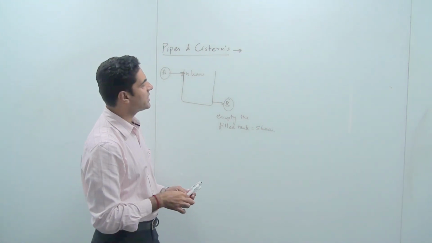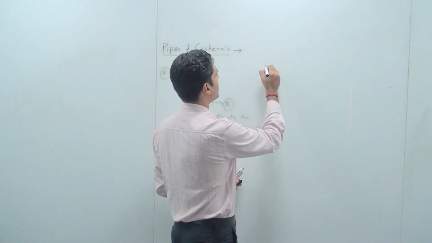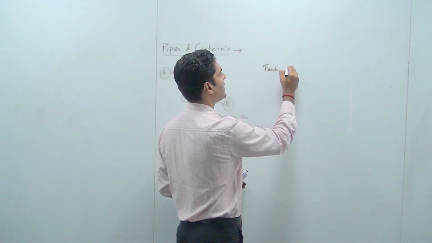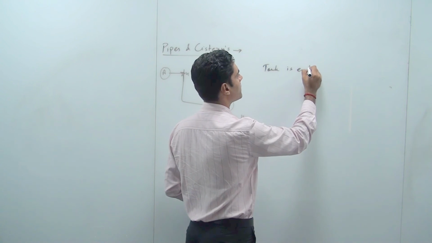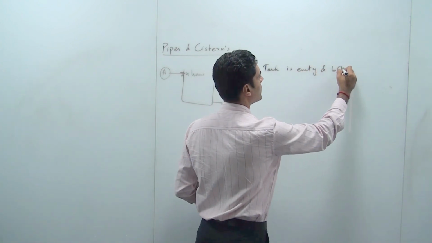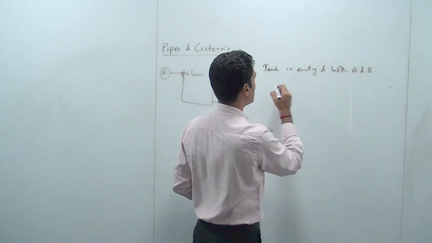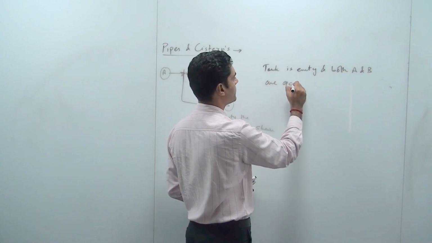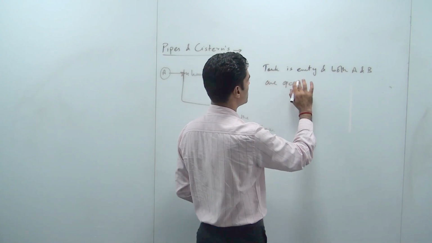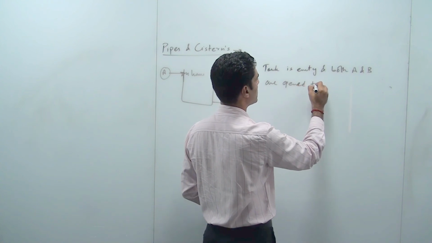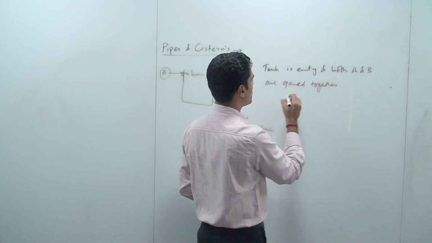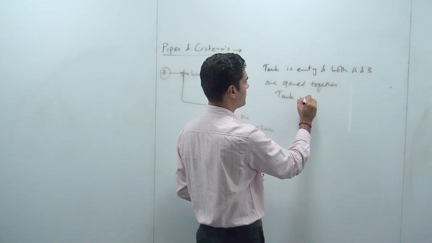So the question is, if the tank is empty initially and both A and B are open together, the tank will be filled in how much time?